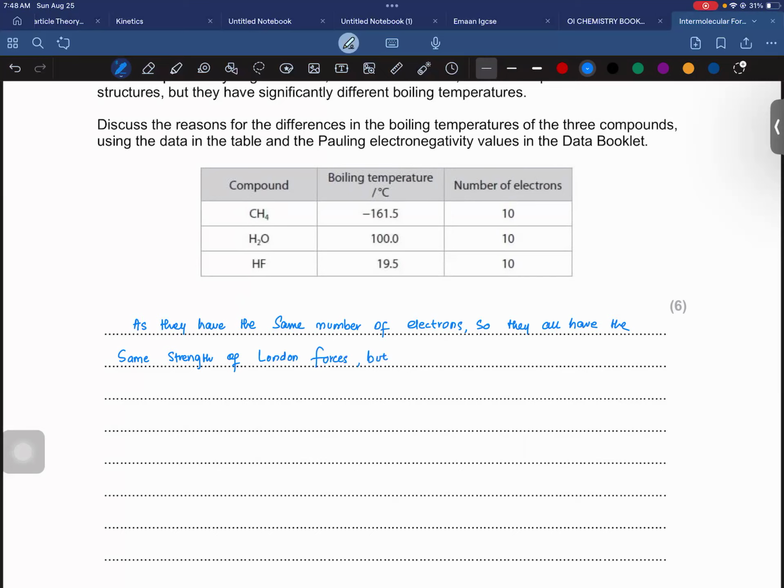But H2O and HF both have hydrogen bonding.